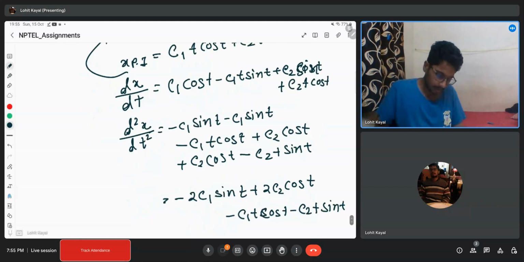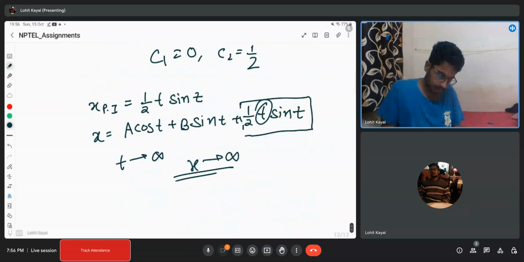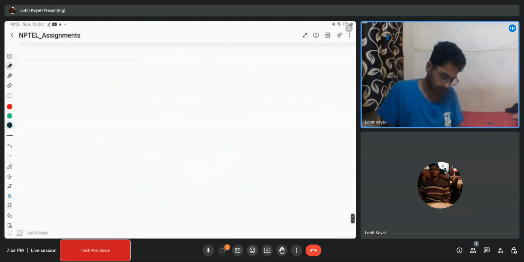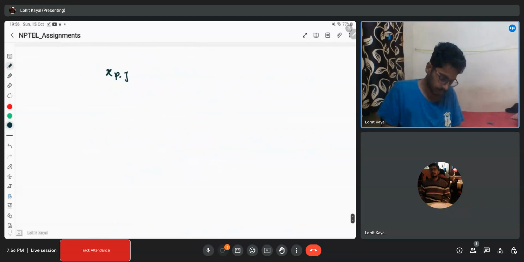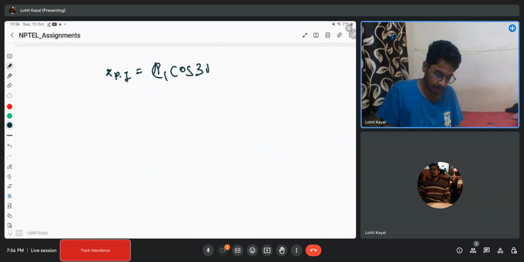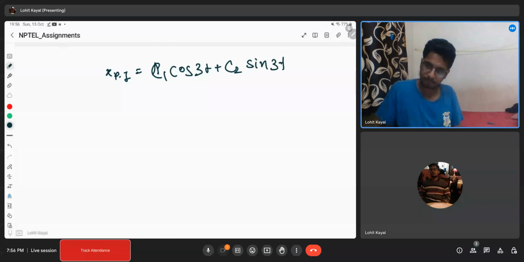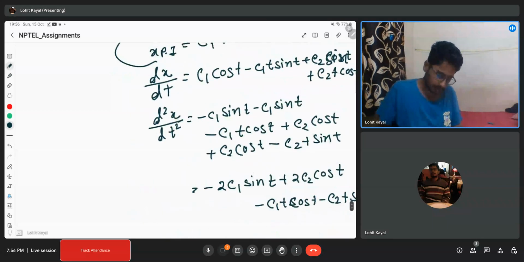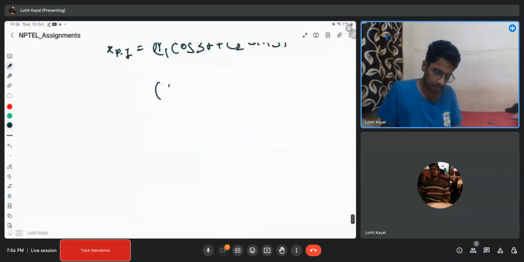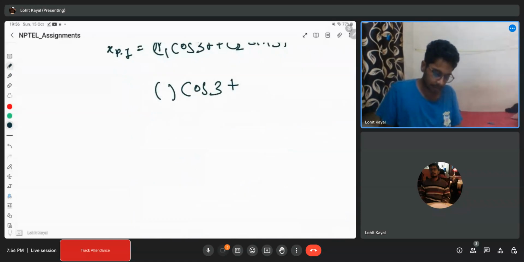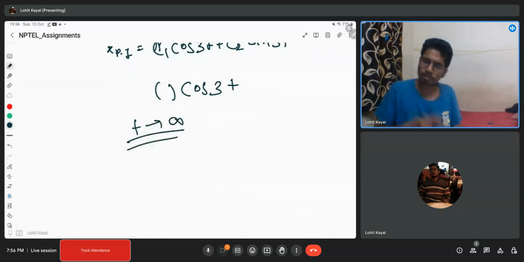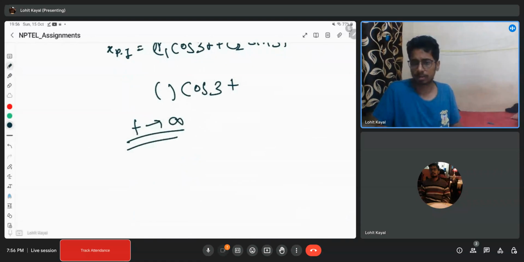Then you can choose your particular integral solution xp equal to c1 cos 3t plus c2 sin 3t. If you substitute it, the solution will be some constant times cosine of 3t. So when t tends to infinity, it will anyway be an oscillatory solution.